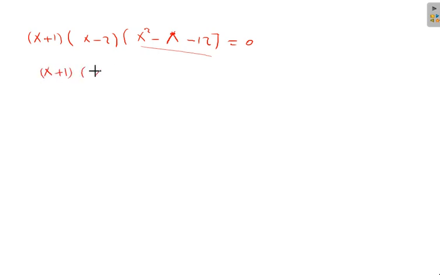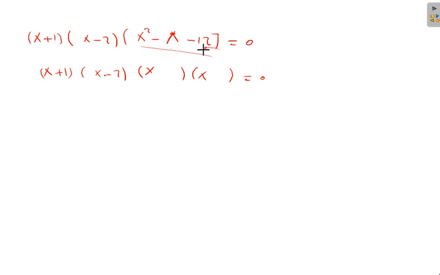The two expressions both have x and a constant. The product of the constants equals minus 12 and the sum equals minus 1.